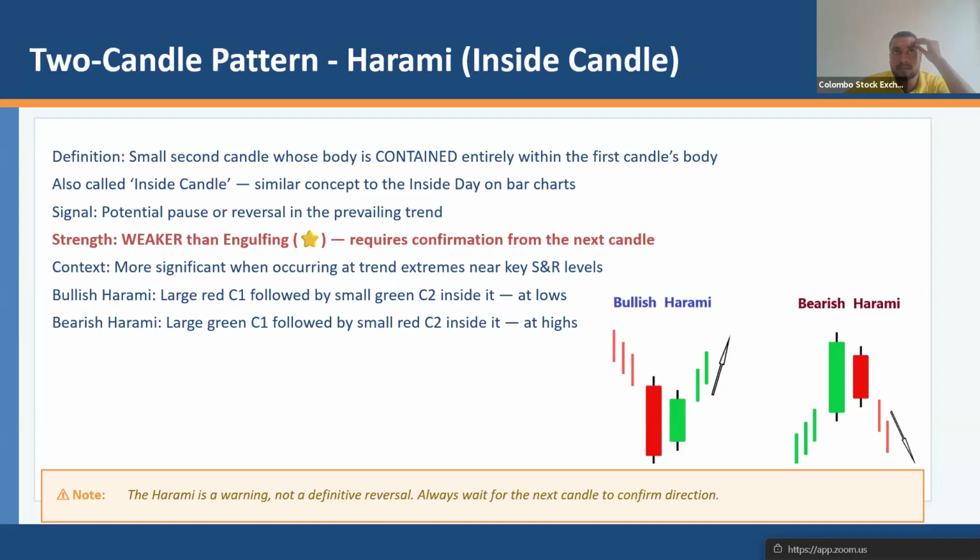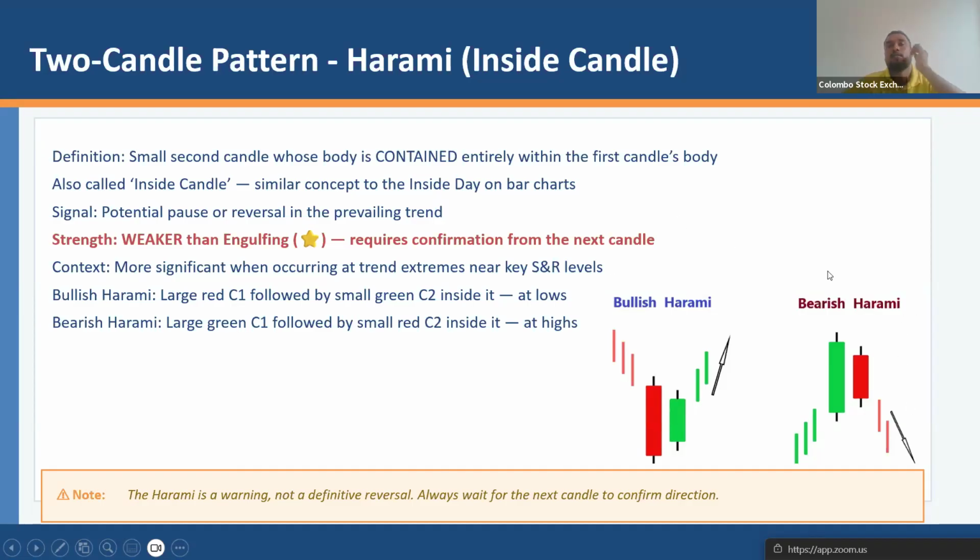But if you use them with other supporting tools like support and resistance lines, and if you have very strong indications from the indicators, then it can be strong, right? But still, if you take it as a standalone candlestick pattern, this is weak. The haramis are weak.